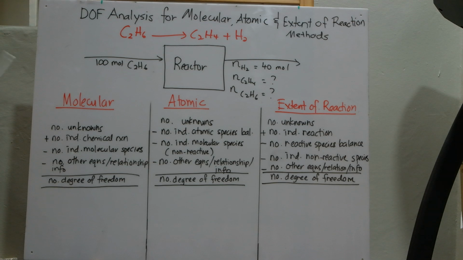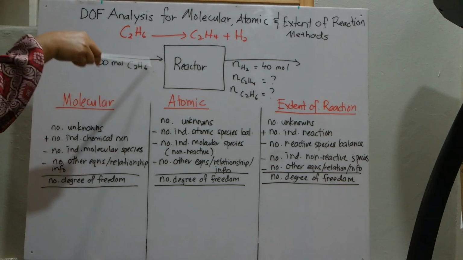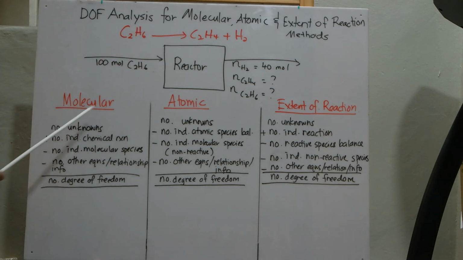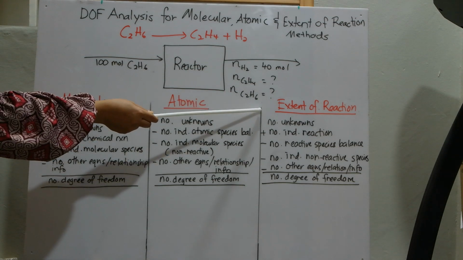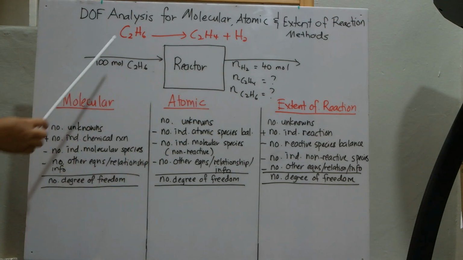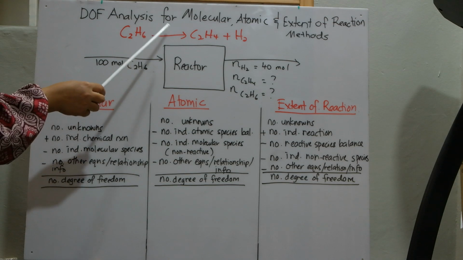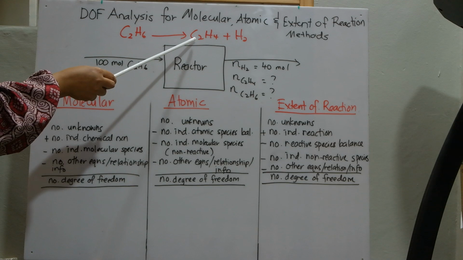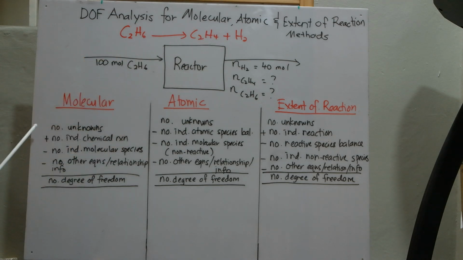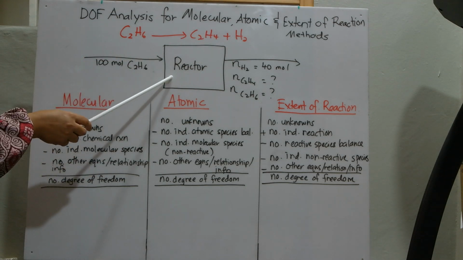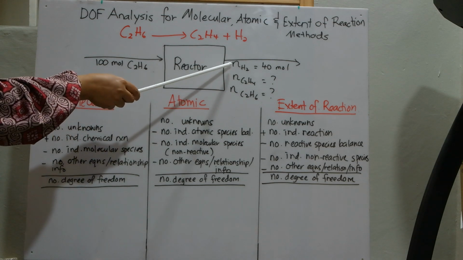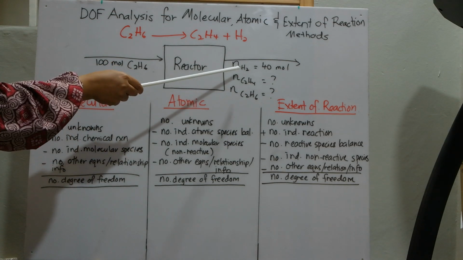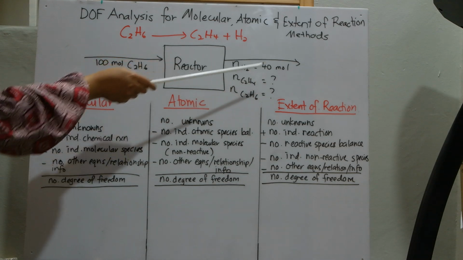Right. So we will now do the degree of freedom analysis for this process using molecular, atomic, and extent of reaction. You have a process where ethane goes into a reactor, a dehydrogenation process occurs, producing ethylene and hydrogen. 100 mole of ethane goes into the reactor, and in the product output we have hydrogen as 40 mole.